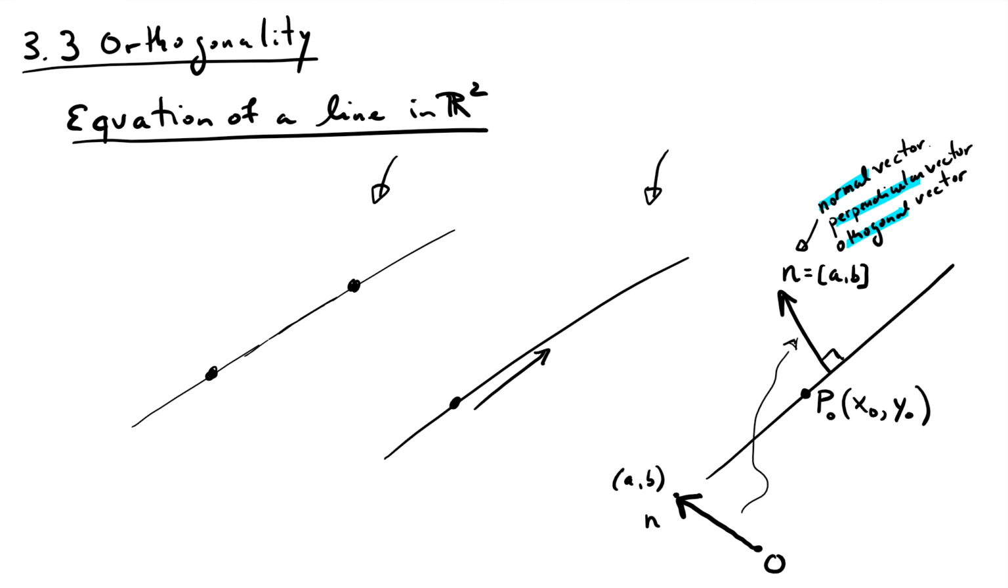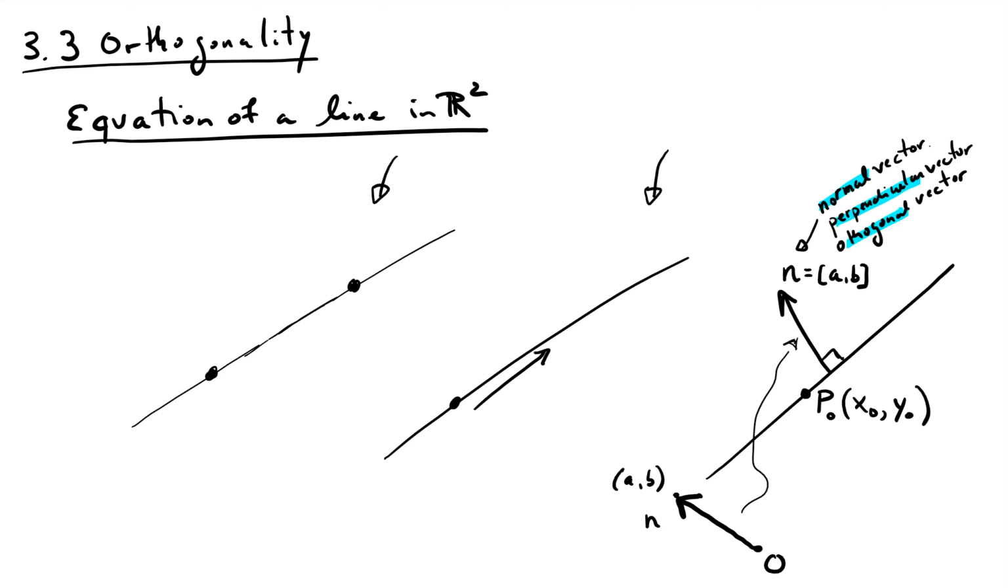That's a real point in space, it's not a vector. But (a, b) is a vector that's perpendicular to the line that passes through P0. So now I've got P0, I've got n that completely specifies my line. There's a unique line going through this point, P0, that's perpendicular to vector n.